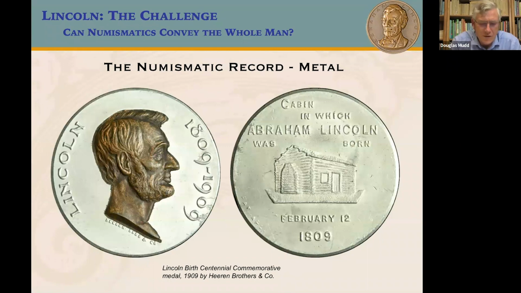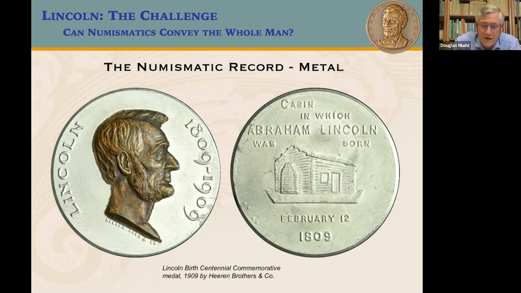Now we go on to some other medals that have been used. These are some of the first of the medals in the 20th century where the image of Lincoln as a man of the people and the log cabin where Lincoln was born is shown. Here you have a medal that's by Heron Brothers and Company.